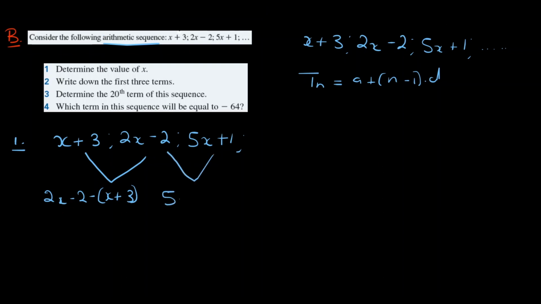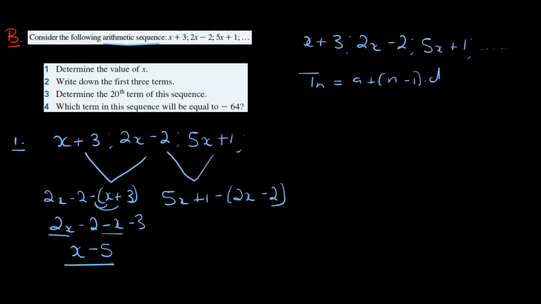And I'm going to say 5x plus 1 minus 2x minus 2. We can further simplify this. We multiply in the negative, we get negative x, negative 3. Then we have 2x minus x, which is x, minus 2 minus 3, which is minus 5.